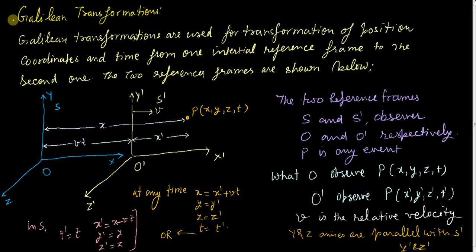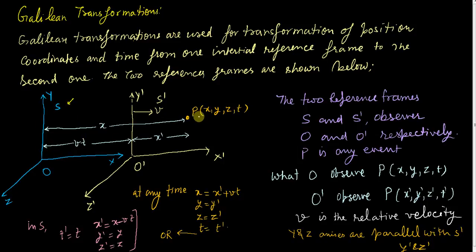First of all, that is the Galilean transformation. Here Galilean transformations are used for transformation of position, coordinates and time from one inertial reference frame to a second one. The two reference frames are shown below. You can see this S and S prime. S prime is moving with relative velocity v with respect to the S frame.